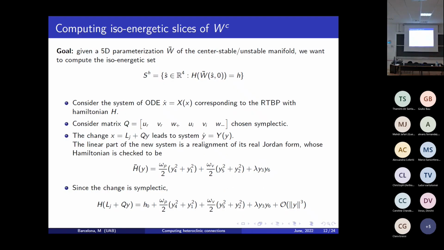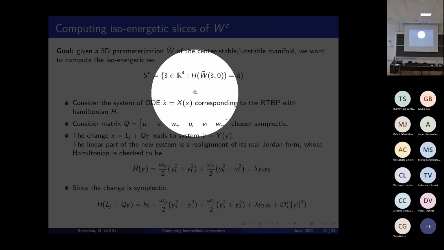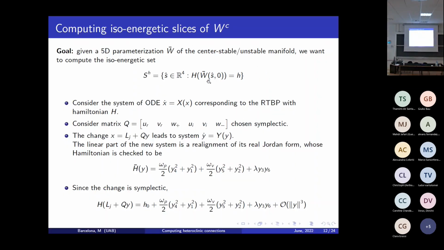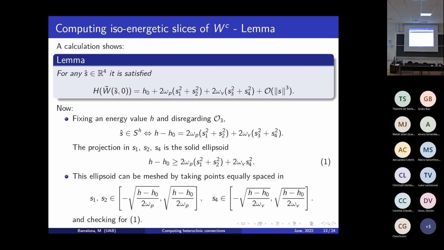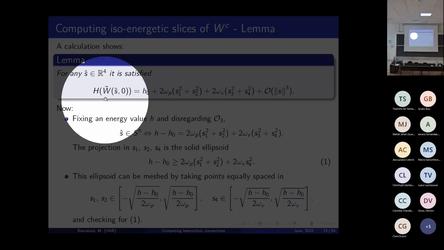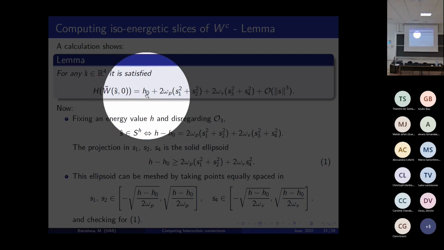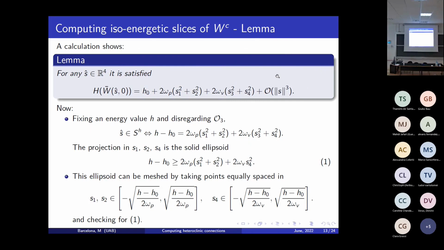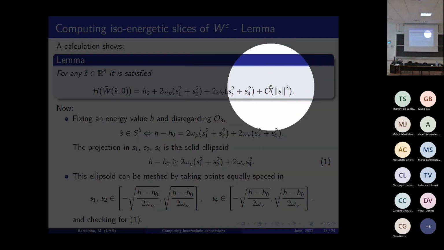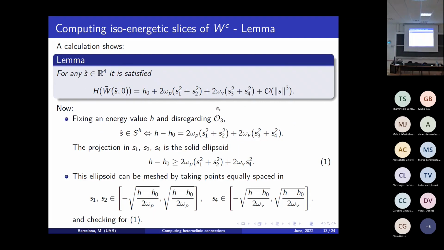Introducing this parameterization into this expression, for any S in R4, the Hamiltonian evaluated at the image of the parameterization can be expressed in terms of S like this, plus higher order terms of S3.